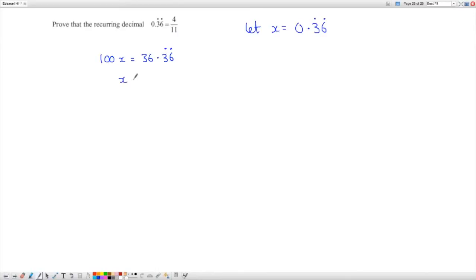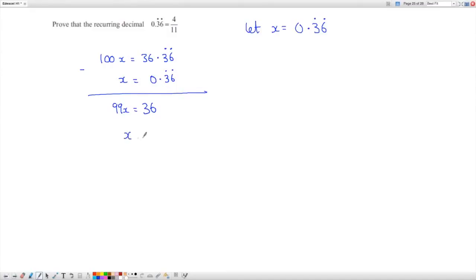We then have our value for x, and the key point here is lining everything up. If we subtract, we find that 99x is equal to 36.36 recurring subtract 0.36 recurring, which leaves us with a whole number, 36.